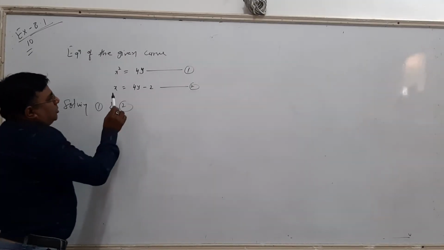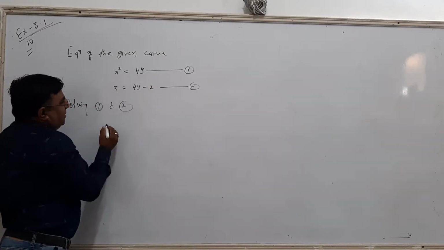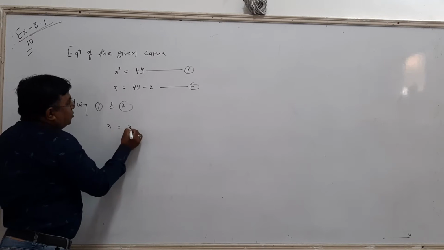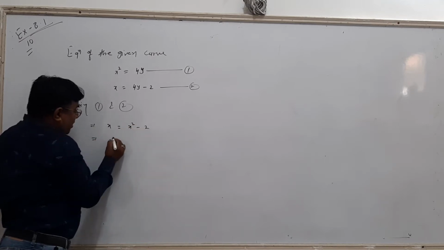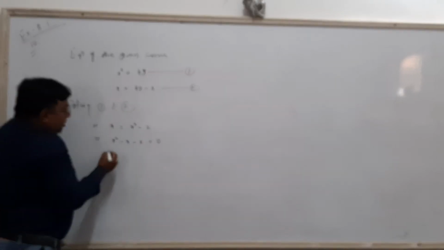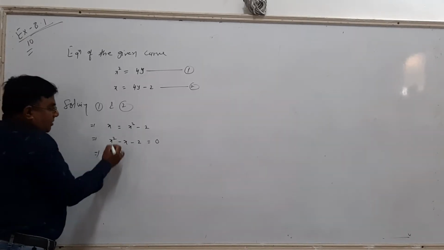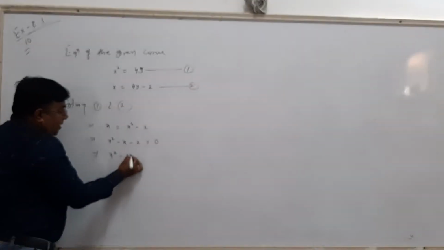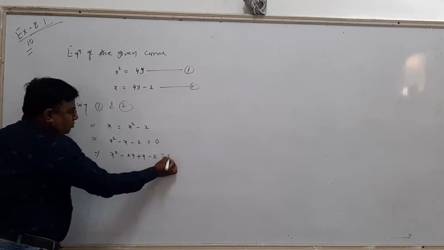Right, now substitute the value x equals to 4y minus 2. Now, 4y is x square, so substituting in the second, x equals to x square minus 2. Now just simplify, then x square minus x minus 2 equals 0. This is a quadratic equation. So what are the factors of this quadratic equation? x square minus 2x plus x minus 2 equals to 0.